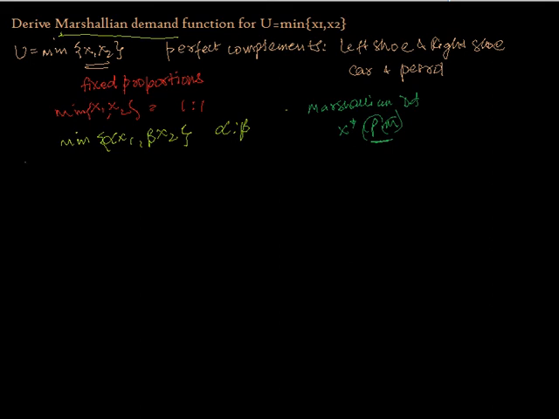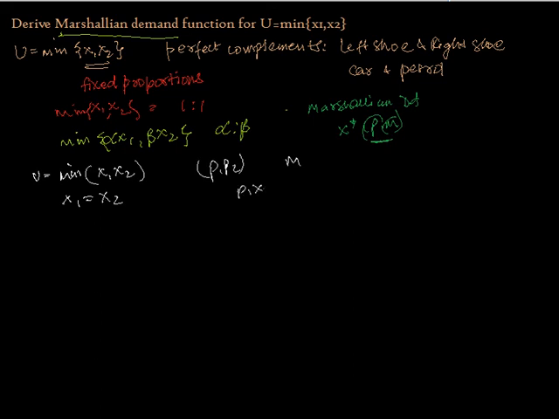Now we have u equals min of x1, x2. Suppose our price vector is p1, p2 and income of the consumer is m. Now we know this very well, that they're being used in fixed proportion, so x1 is equal to x2. What is our budget line?